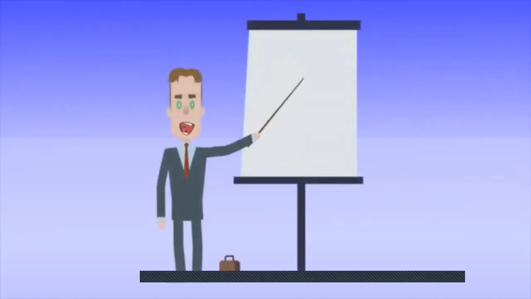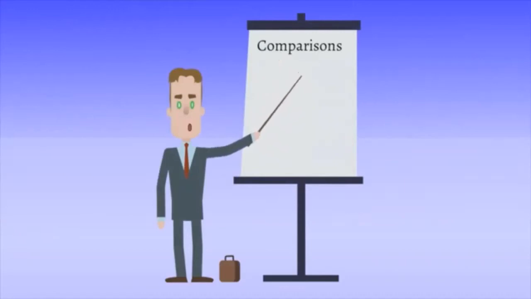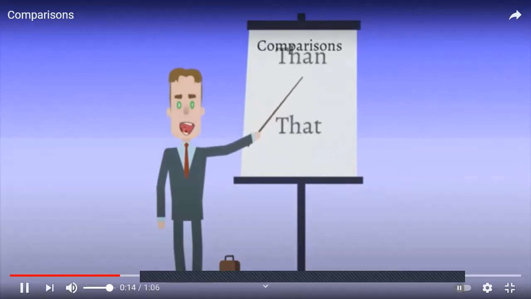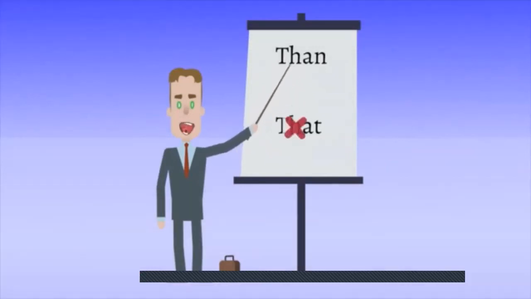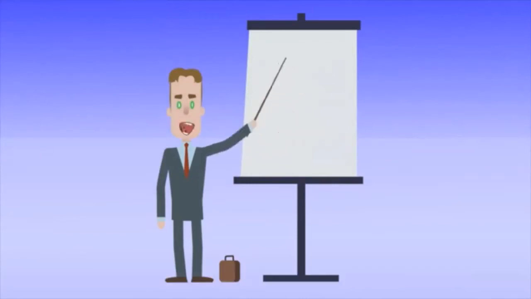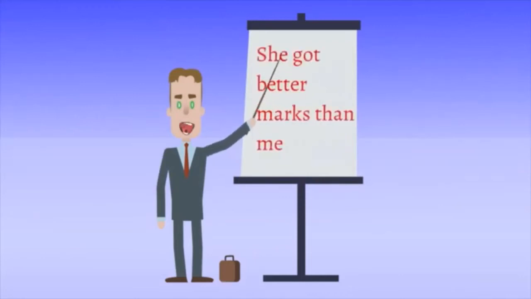Today we will learn about comparisons and how we can make a comparison in a sentence. Always remember to use than as a comparison form and not that. That is a wrong sentence. For example, she got better marks than me.